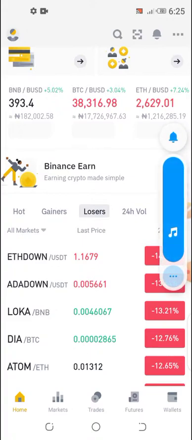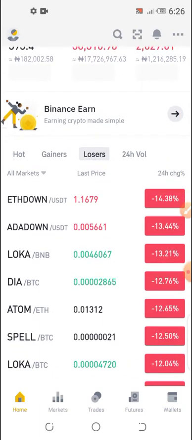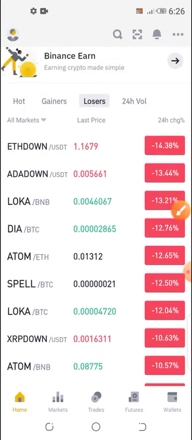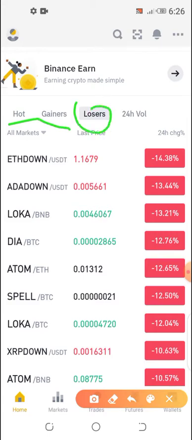Now, like I was explaining, from here you begin to see prices of some cryptocurrencies listed. You can see HOT, gainers, losers, and 24 hours volume.